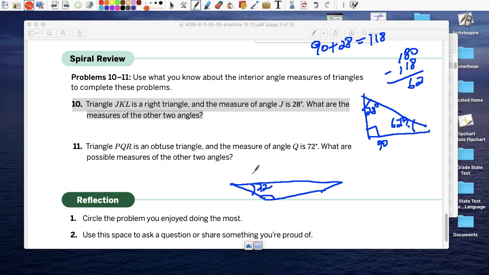So let me pick a random number. I'm going to pick 92. So 72 plus 92 is going to give us 164. If I subtract 180 minus 164, it's going to give me 16. So if you tell me that one of the angles is 72 and that the triangle is obtuse, a possible combination could be 72, 92.